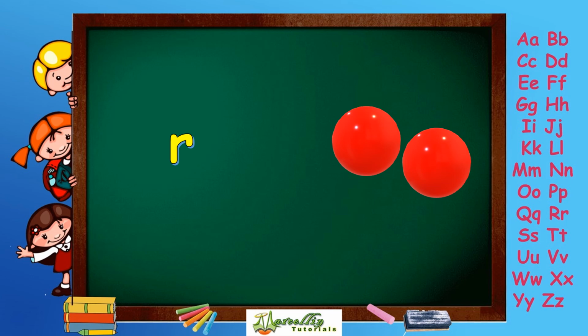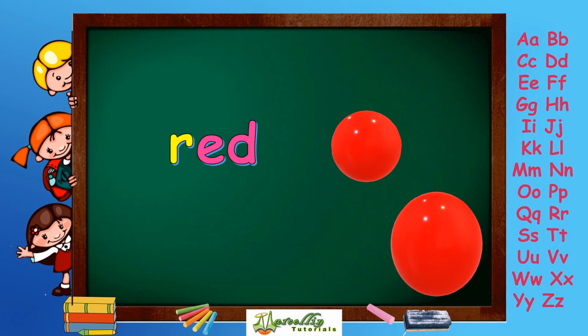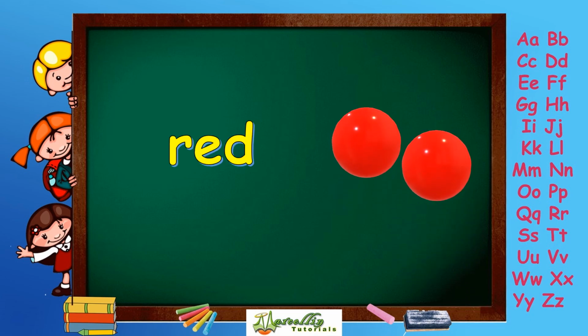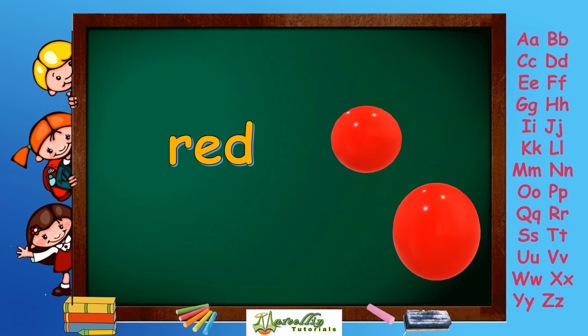We have now R. The sound of R is R. Let's add ed. Together, you read it as red. Let's read again. Red.